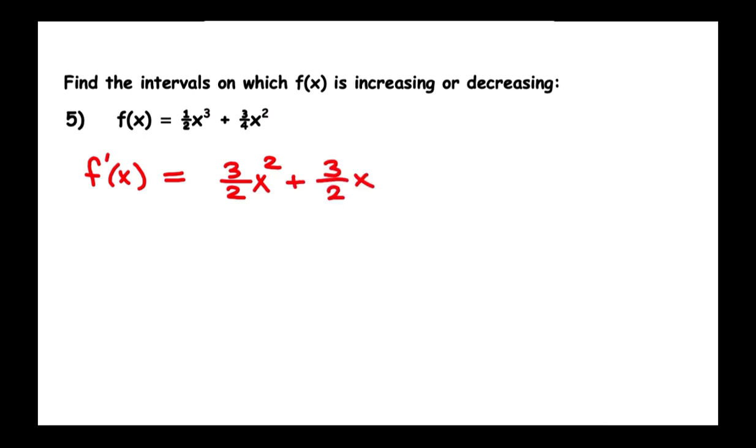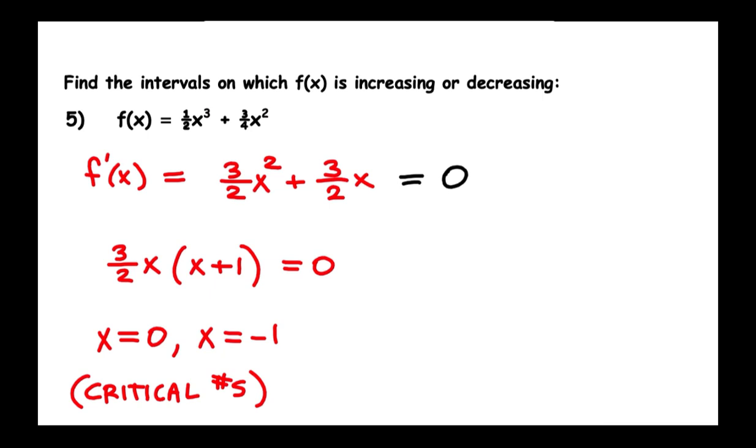If you want to know where a graph stops increasing and starts decreasing or vice versa, you need to make the slope, or in this case the first derivative, equal to 0. So that's what I'm going to do. That's also how you, of course, find the maximum and minimum values. So going to work now, I'm going to go ahead and factor out a 3/2 x from both terms, which will leave me with x plus 1 still equal to 0. And so my critical numbers are going to be x equals 0 and x equals -1.